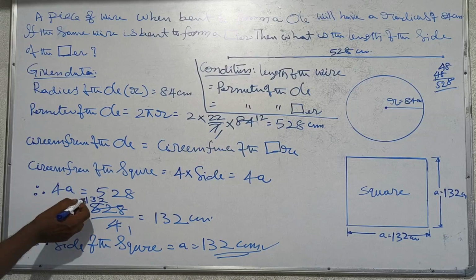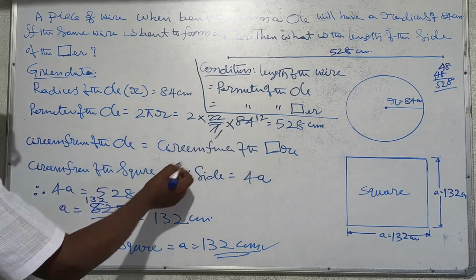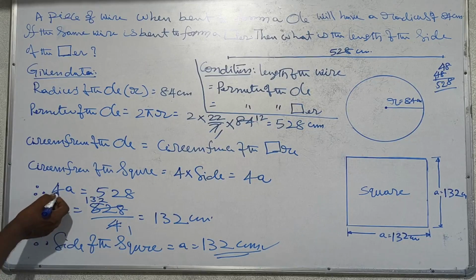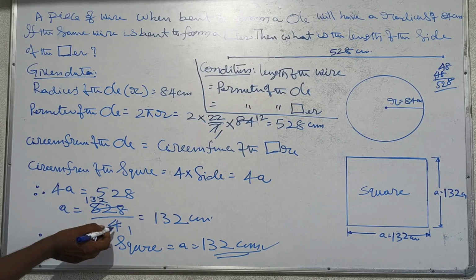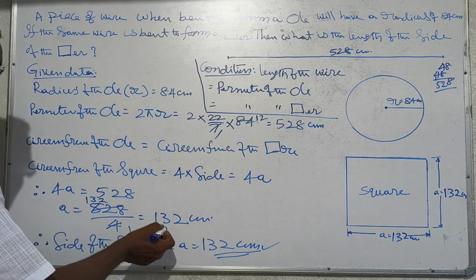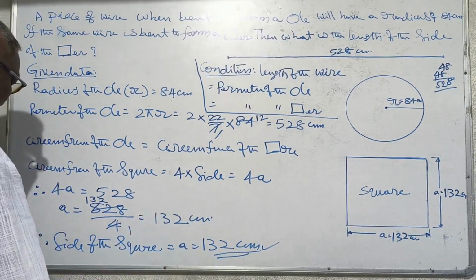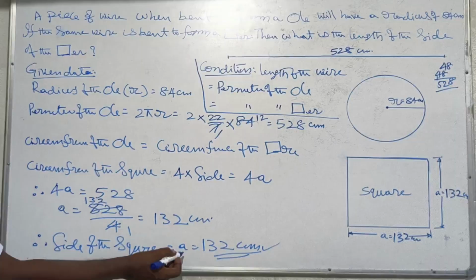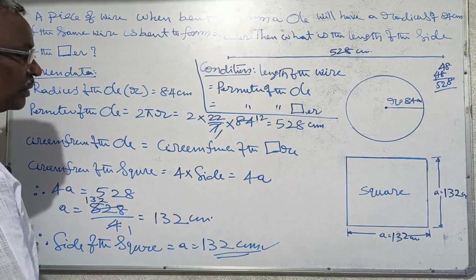That is 4a is equal to circumference of the circle, 528. Therefore a is equal to, here 4 is multiplying, will go to that side, division. After simplification, 132 centimeter. Therefore side of the square is equal to a, 132 centimeters.